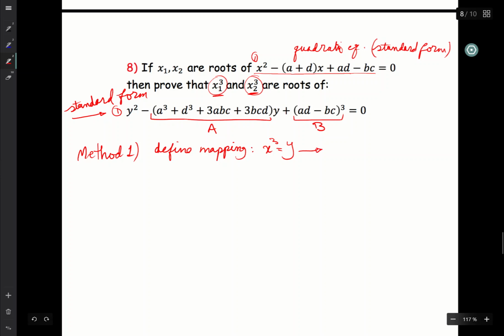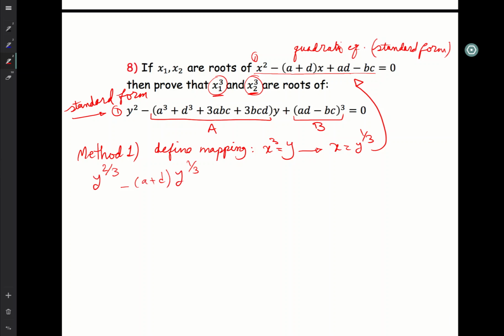And then inverse that mapping, x is y to the 1/3, and then put it in the original quadratic equation: y to the 2/3 minus (a plus d) y to the 1/3 plus ad minus bc equals 0.